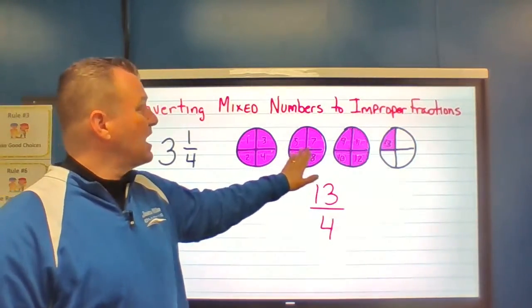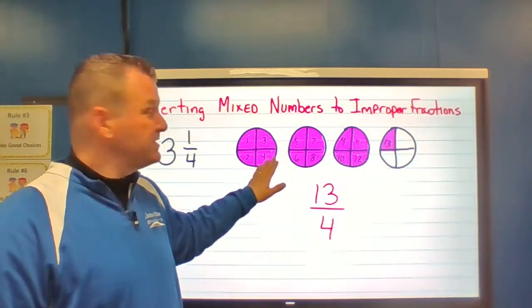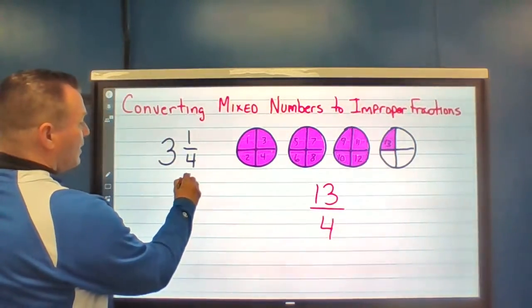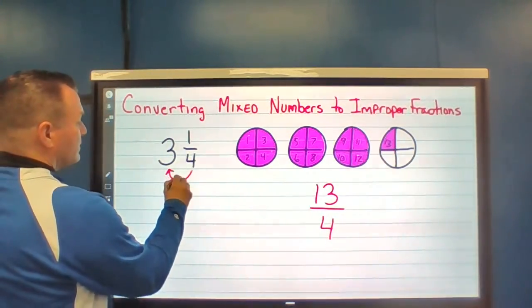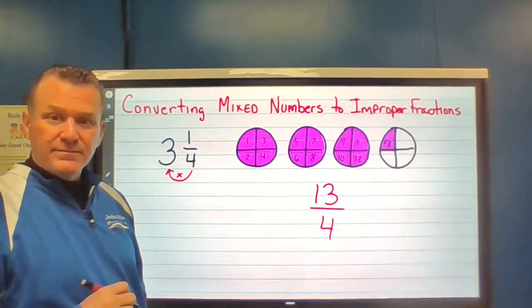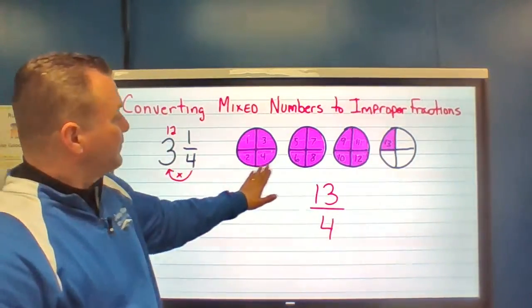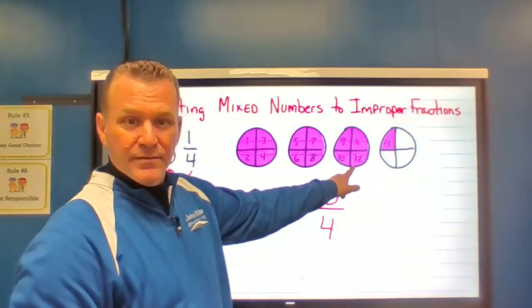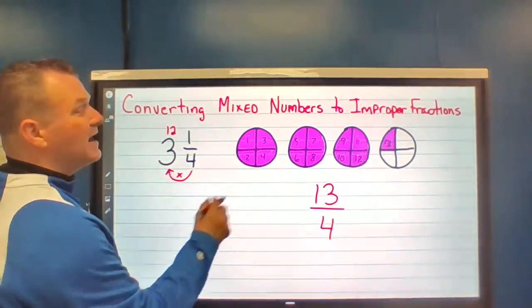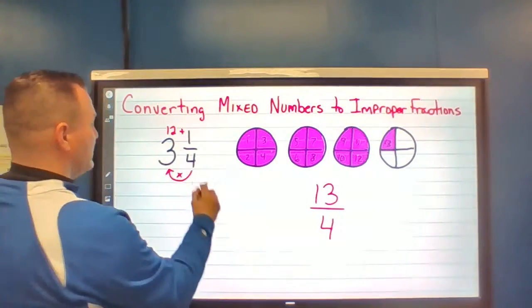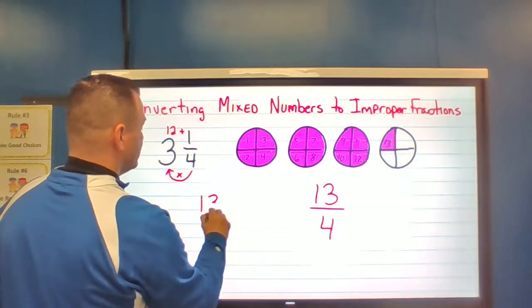So 4 times 3. Everybody see, 4 pieces times 3 whole pies. 4 times 3 we know is 12. And if I do that, I get 12 pieces. And then I add that one more, and that would give me 13.